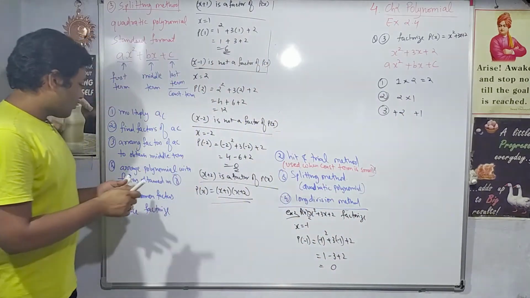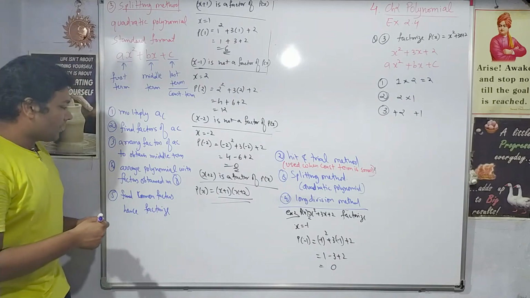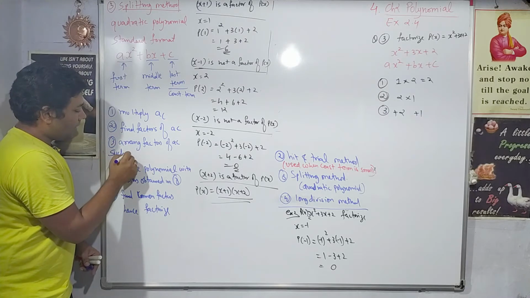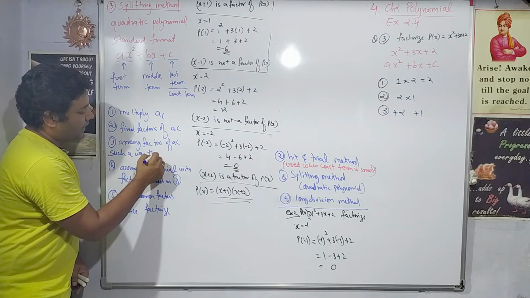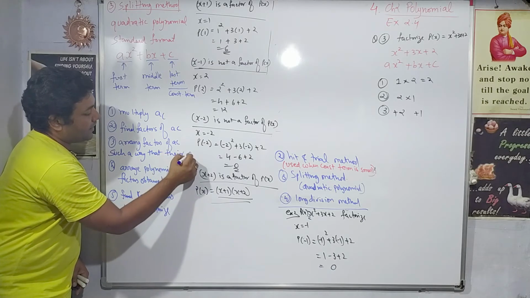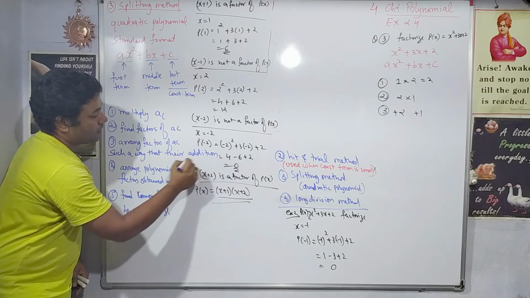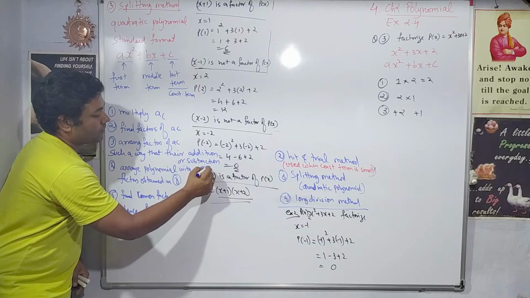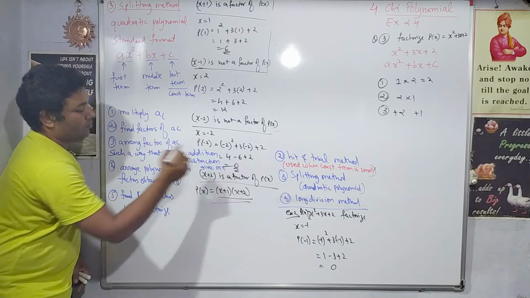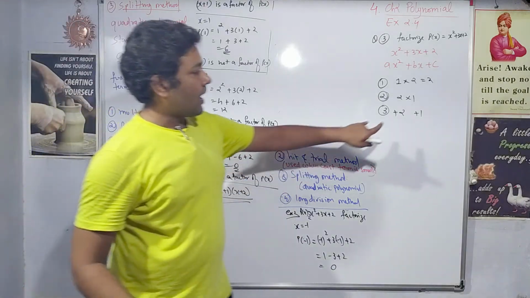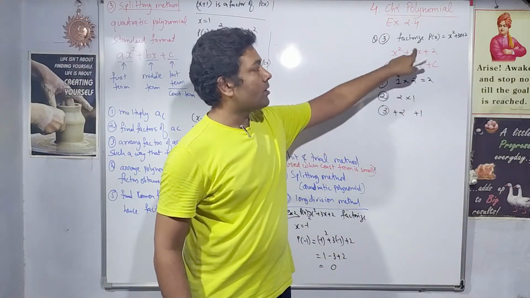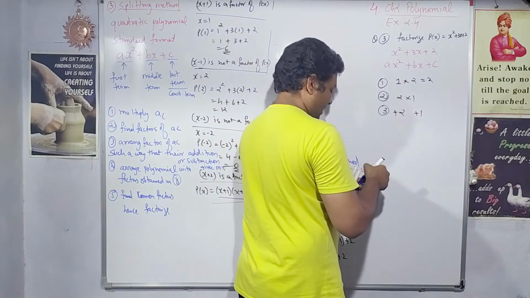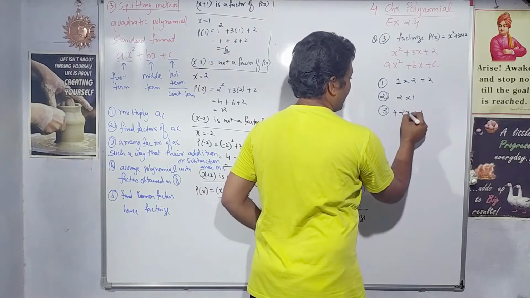Here one more sentence to be added: arrange the factors of AC in such a way that their addition or subtraction gives the middle term. So I have arranged 2 and 1 and their addition is going to give me the middle term. The middle term also has an x, so I will add x here.